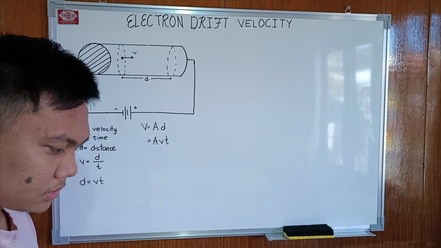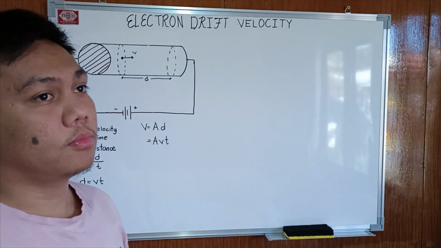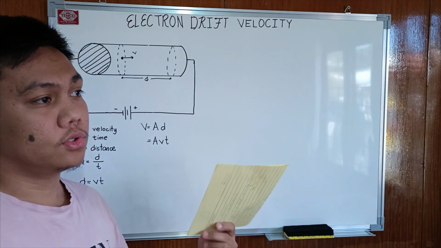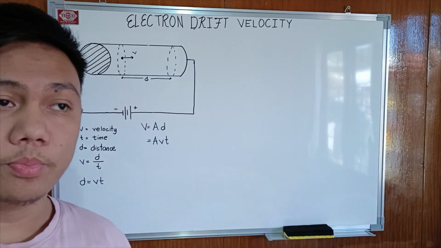And, ngayon, kailangan natin i-consider na iba't iba yung materials na ginagamit natin sa ating conductors. So, every conductor has a number of electrons per cubic meter.